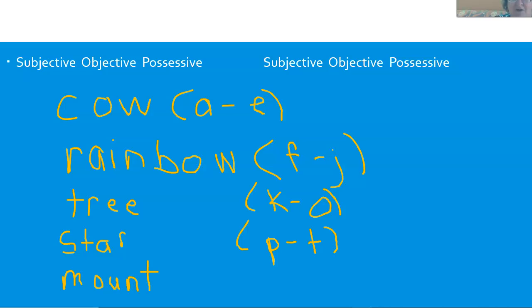So we're going to come up with adjectives for the word mountain, and we are going to use the letters U through Z. U through Z. And begin.